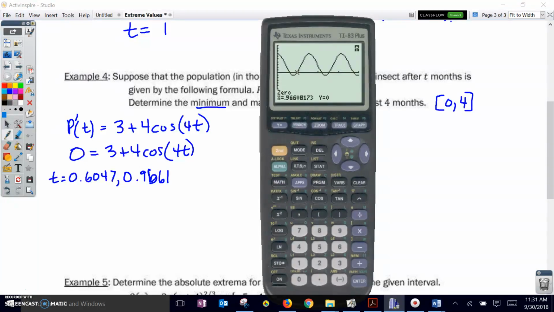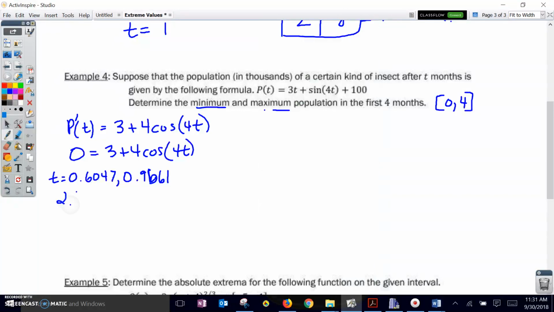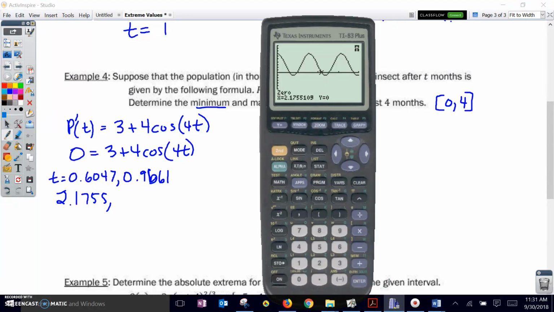I wish I could scroll a little faster on my calculator here, but I'm limited. The next one is 2.1755. And then 2.5369.